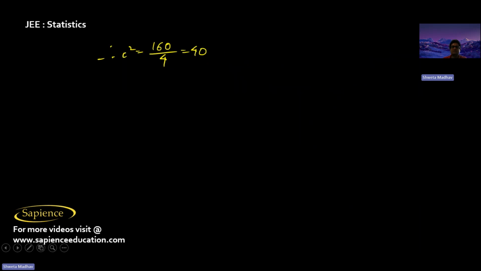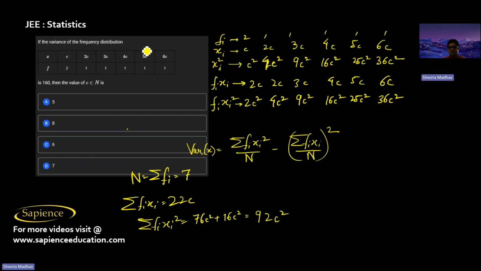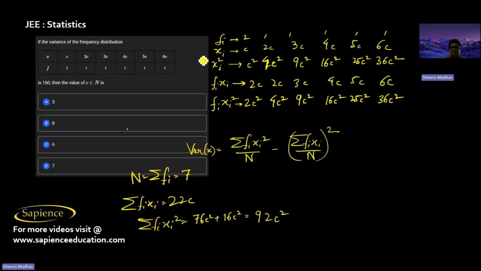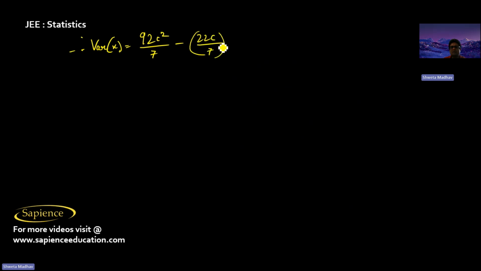Therefore, we can say that the variance of X is equal to summation Fi Xi square by n, so 92C square by 7, minus 22C by 7 whole square, and that is given as 160. So we can take the LCM, which will be 49. This will be 7 into 92C square minus 484C square, is equal to 160.